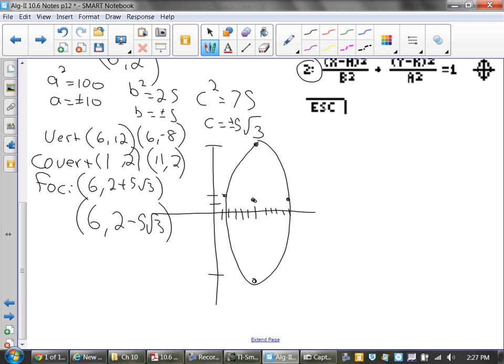And I will leave it like that. Rough idea of where it's going to be placed. Well, this was at 12, so 2 plus 5 root 3, which is about 8.5-ish. So 8.5-ish more than 2 would be 10.5-ish. Just so I have a plot on there.